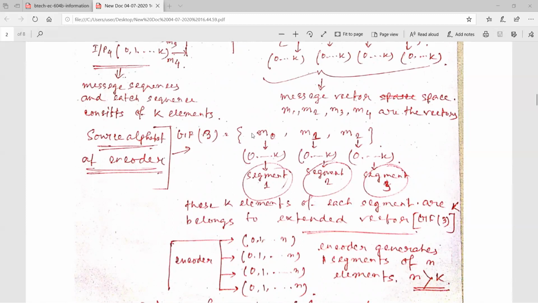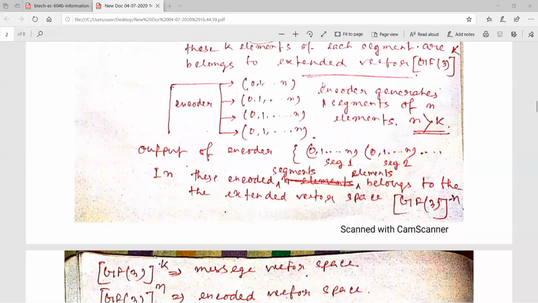Because message bits are represented by k-bit representations, and the encoded bits are represented by n-bit representations. At the output of the encoder, the encoded segments belong to the extended vector space of GF3 to the power n.